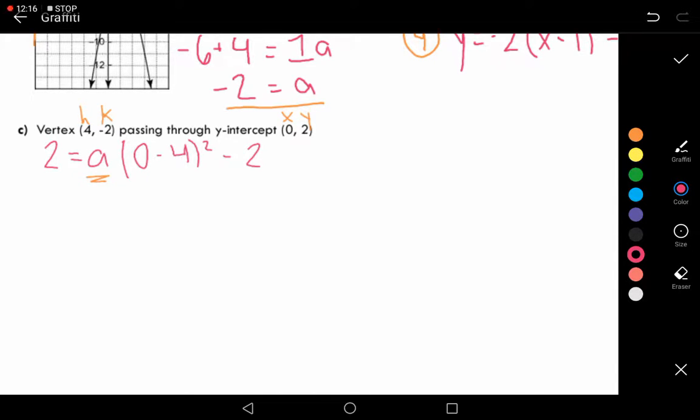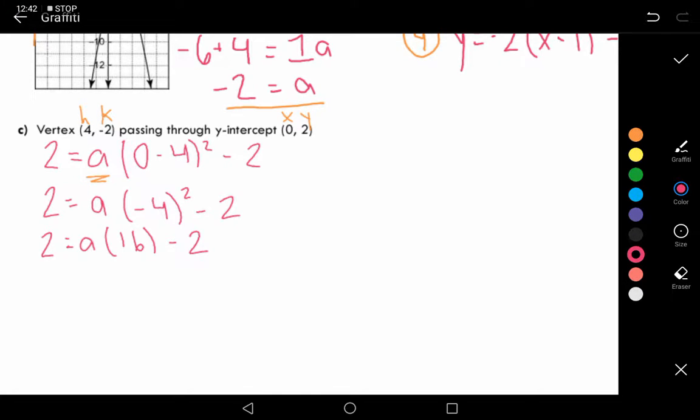So again, I'm going to simplify this using BEDMAS, which means I'm going to do my brackets first. 0 minus 4 is negative 4. Okay, then I need to do my exponents. Negative 4 squared is 16, and minus 2. So just to make this even more clear, don't do 16 minus 2, right?